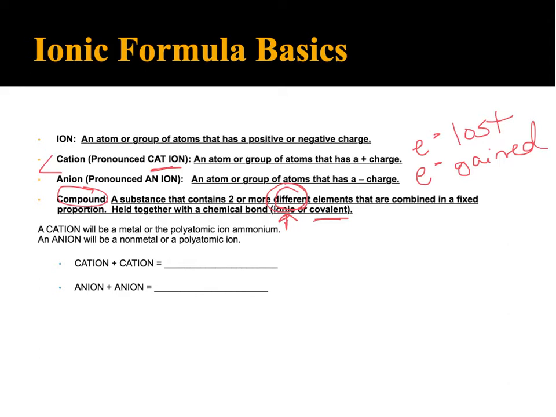Now, a couple of things that you want to remember: the positive ion, the cation, is going to be a metal, or it's going to be the polyatomic ion ammonium. Now, you're going to understand why I had you memorize the formulas and charges for those 10 ions as we get into this unit. An anion will either be a nonmetal or any of the other polyatomic ions that I had you memorize.